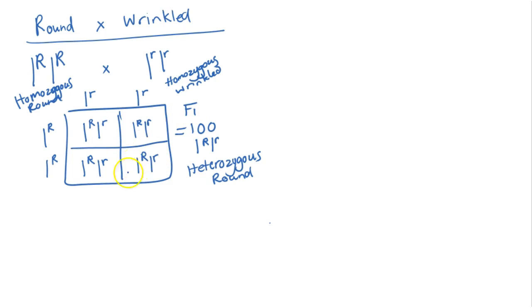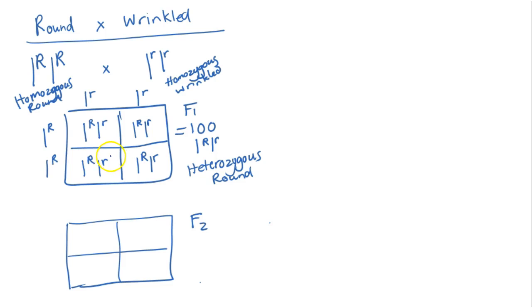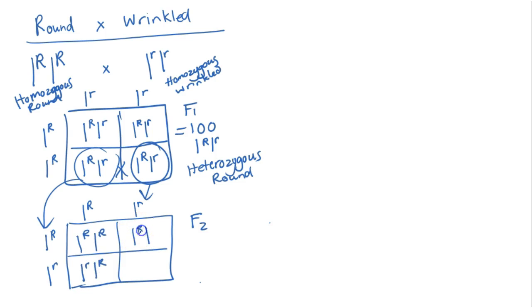Then we took the children and did them again so that they became parents. So say we cross this one with this one. Put one on the side, one on the top. This parent here could donate either a big R gene or a little r gene. This parent here could give a big R gene or a little r gene. Now look at the combination. Now this allows us to quickly get a picture of what it was like for the next generation.